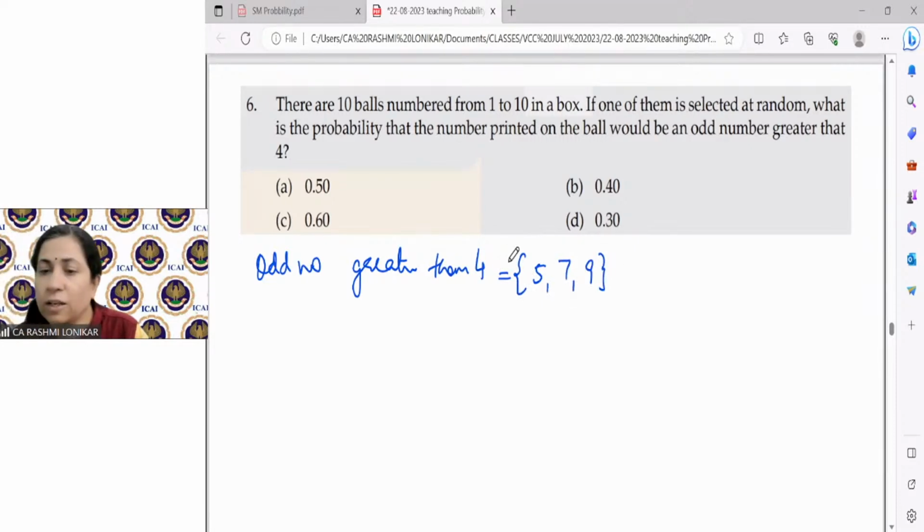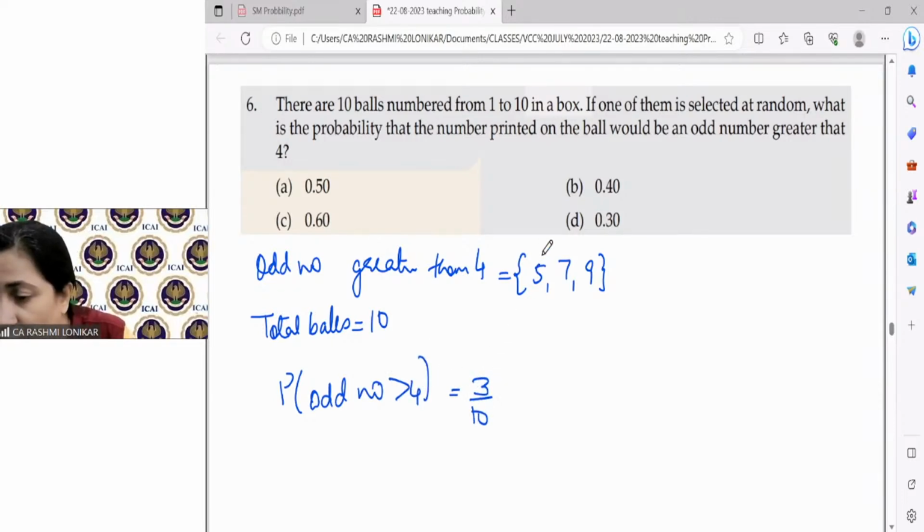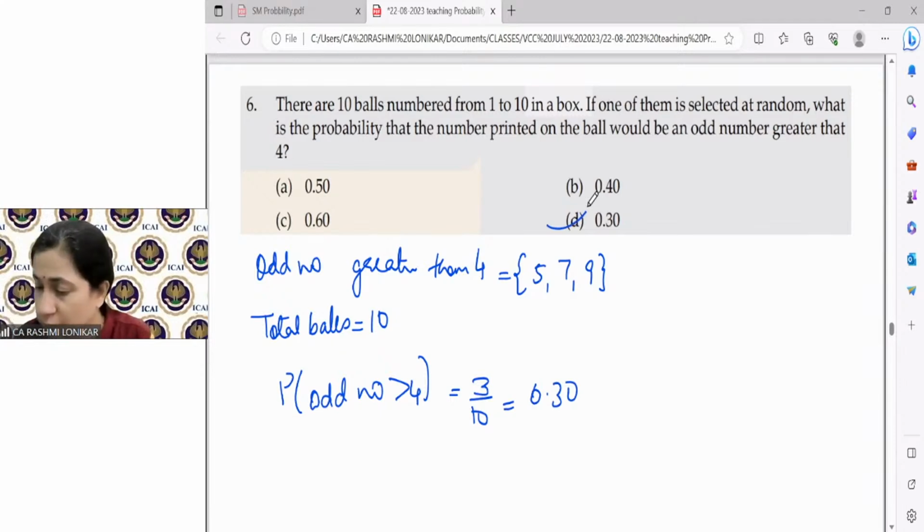There are only 3. And the total balls are 10. So the probability is 3 upon 10. Where did the 3 come from? 1, 2 and 3. So it is 0.30. So D is the correct answer.